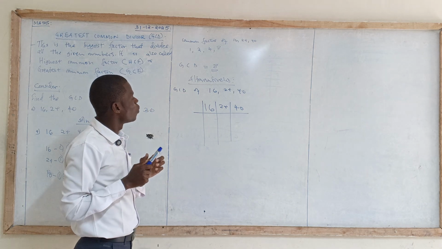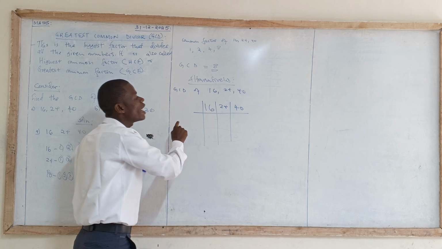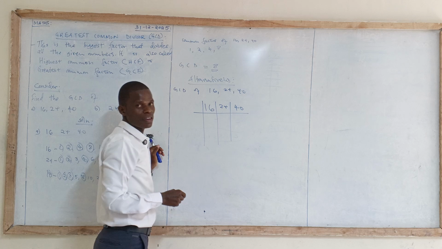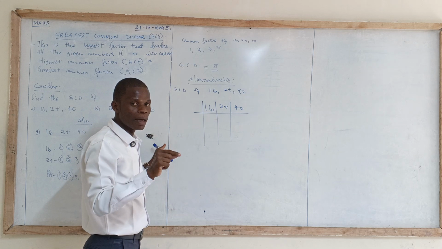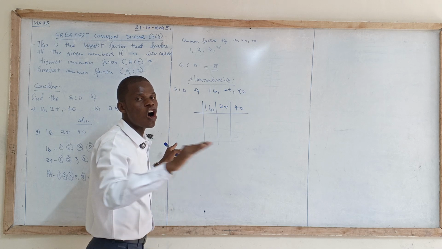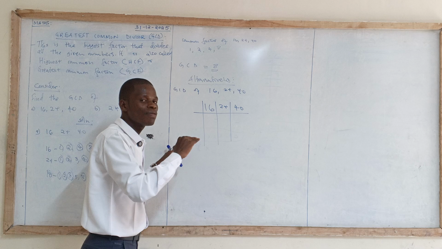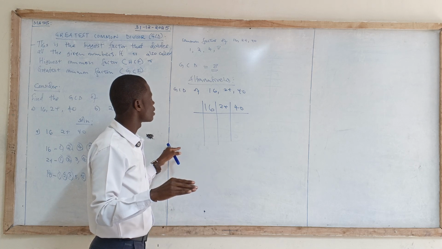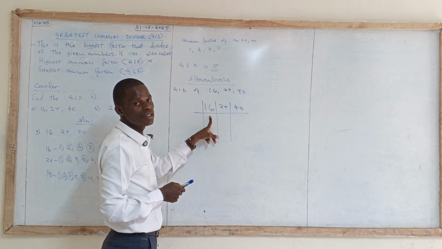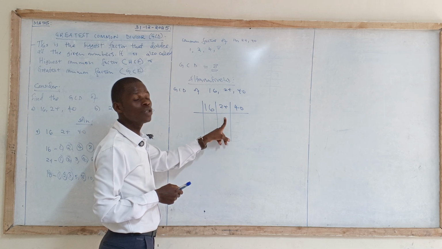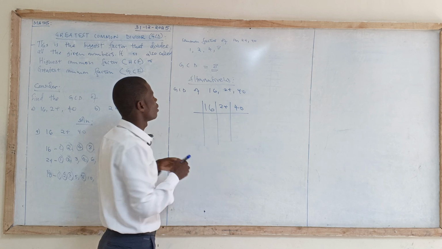Here we take the smallest prime number that can divide all the numbers. Now, the smallest prime number is 2. Can 2 divide 16? Yes. Can 2 divide 24? Yes. Can 2 divide 40? Yes. So we start with that.